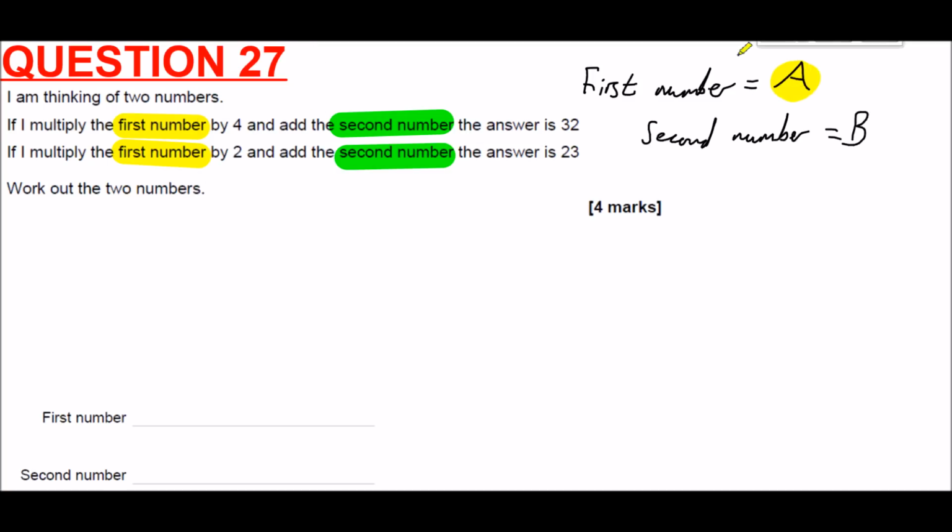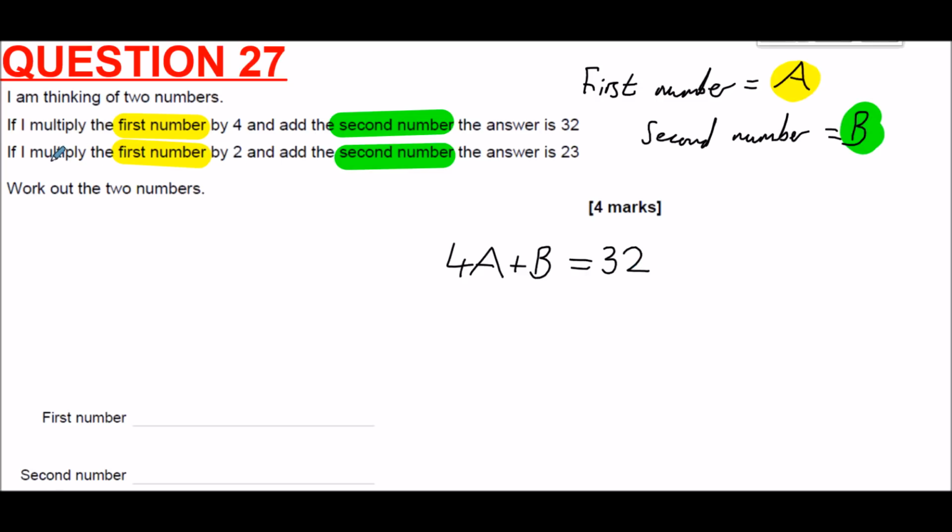And so now referring to this question, if I multiply the first number by 4, so if the first number's A, and I multiply that by 4, that's 4A. And add the second number, so plus the second, which is B, the answer is 32.